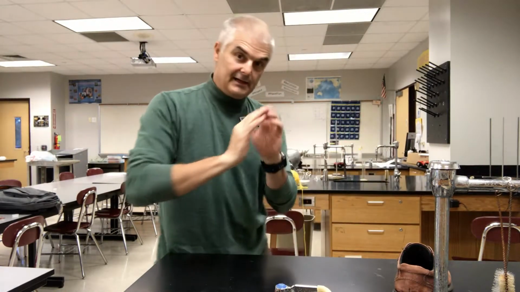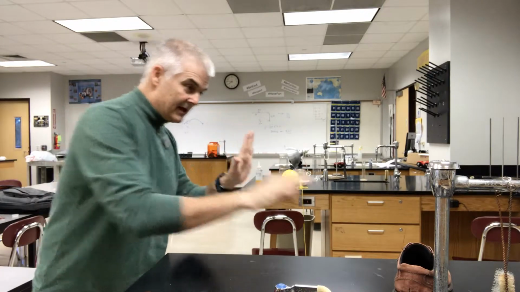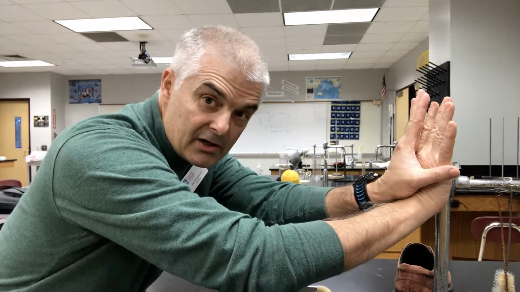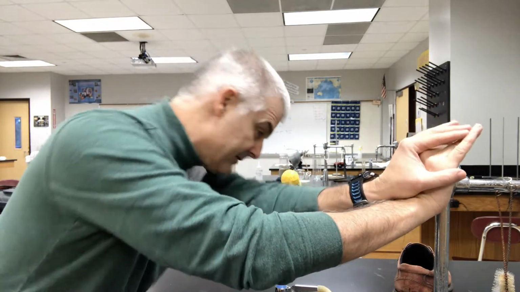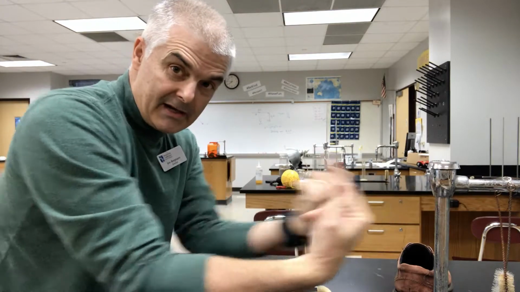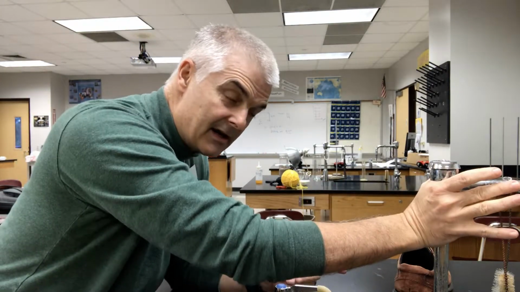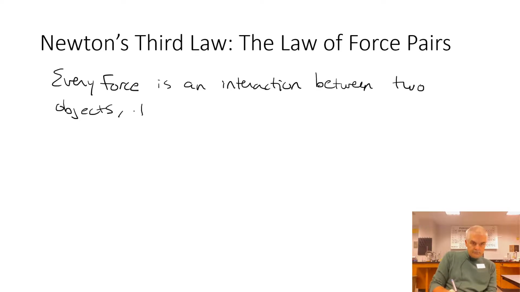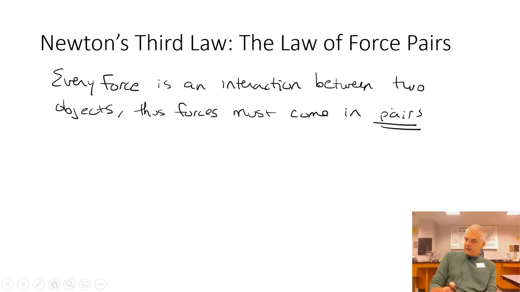Or if I lean on the table, or let's say I've got this thing here, I'm pushing on it, and it's pushing back on me. So now I have a force going back and forth, equal and opposite, on my hand. Every force is an interaction between two objects, any two objects.